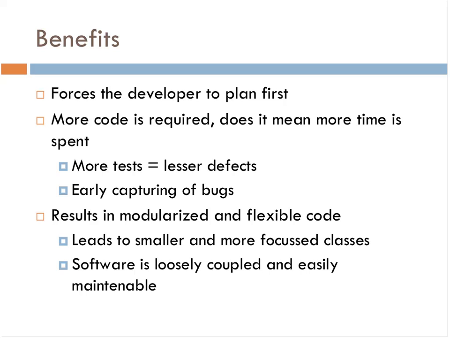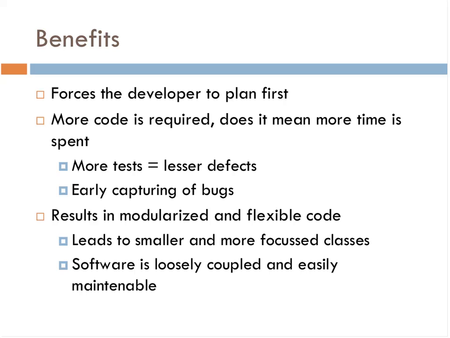So your code is obviously testable, and it leads to modularized code, because in order to make your code testable, it has to be modularized in a certain sense so that your test classes are able to access it. It means developers think of software in small units that can be written and tested independently, and that can be integrated together later. The software is loosely coupled and easily maintainable.